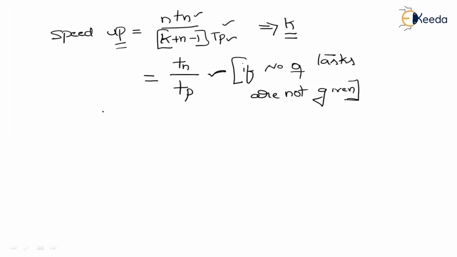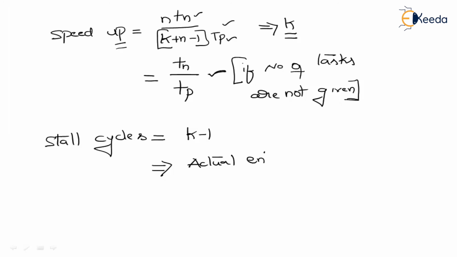okay, and stall cycles. How to calculate stall cycles? It will be equal to k minus 1. We can also get the stall cycles in another rule, that is actual entry minus supposed entry.